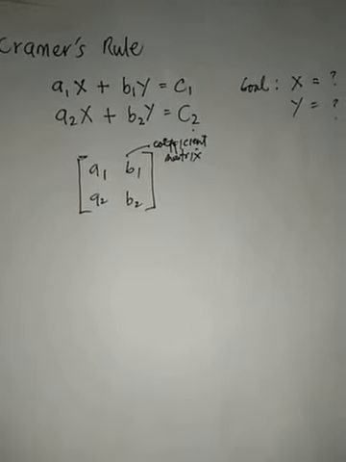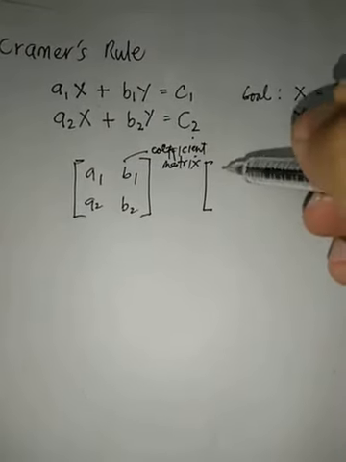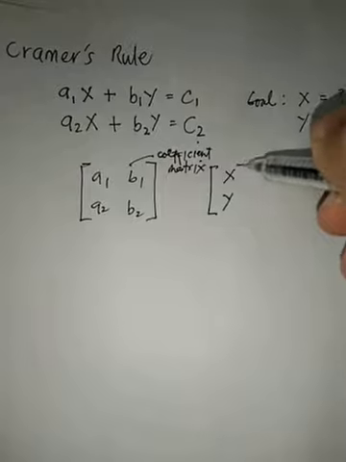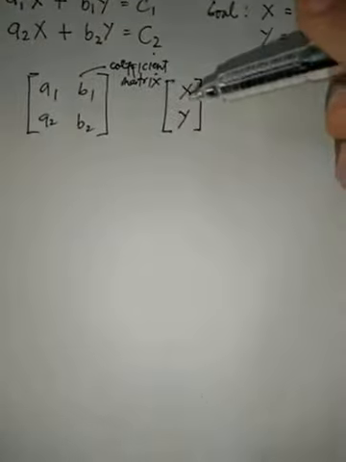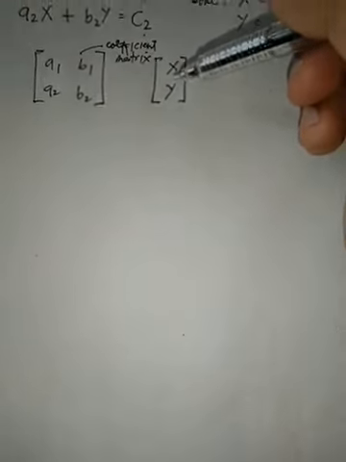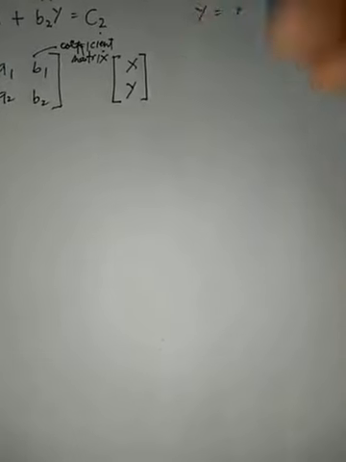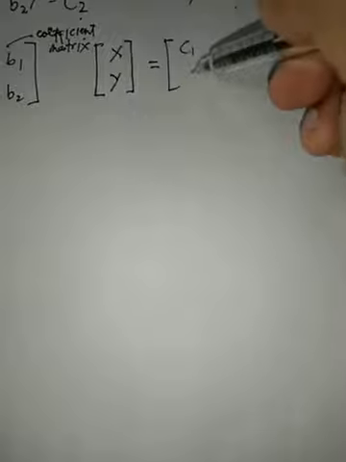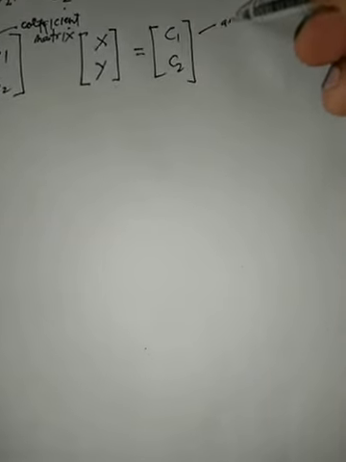Okay. Tapos, di ba meron tayong X at saka Y. So, these are the unknown, no? Unknown values of X and Y kasi ito yung goal natin, di ba? Okay. Then, meron tayong tinatawag, itong C1 at saka C2 are what we call the answer column.